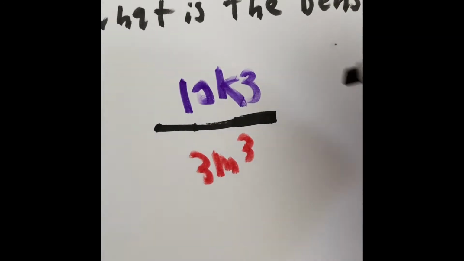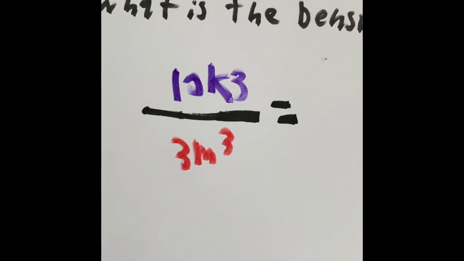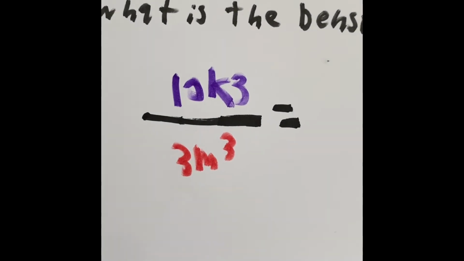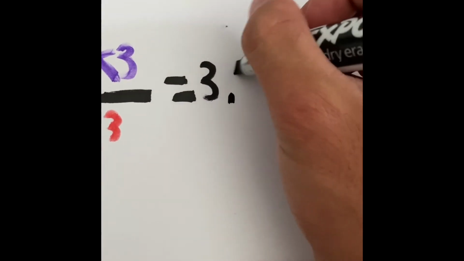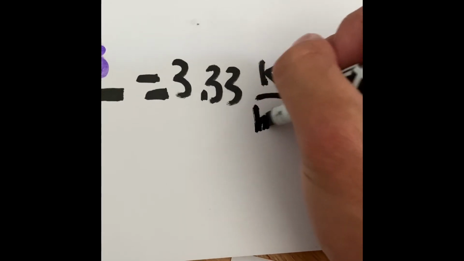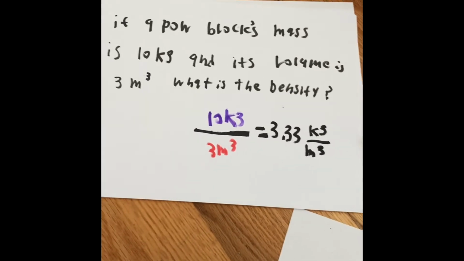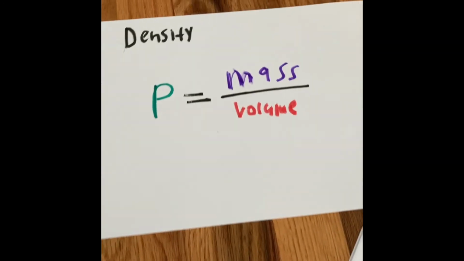When we do that, you are going to use a calculator, because how can you divide 10 by 3 in your head accurately? So when you do that, you get 3.33 kilograms per meter cubed. So that is the density. That is how we can use the mathematics and the formula for density.